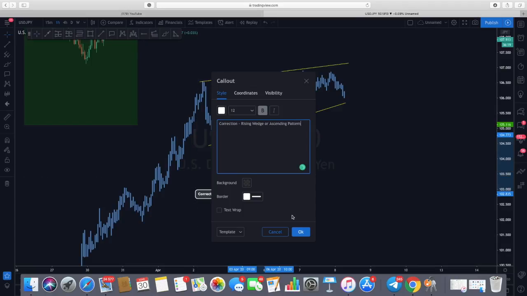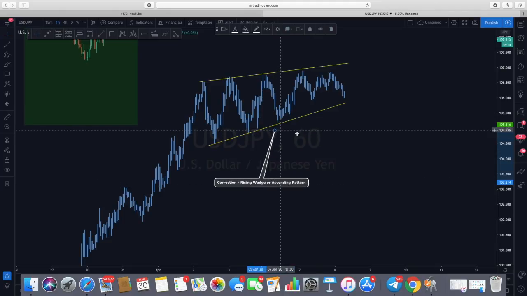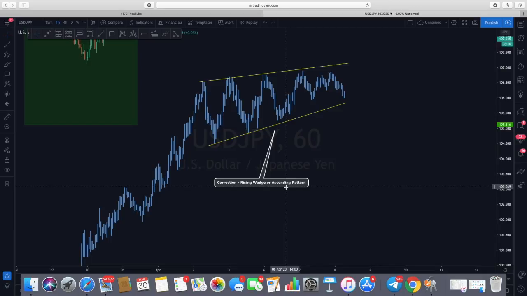Understanding how this rising wedge or ascending pattern works, it means that it has to break to the downside. That's what the rising wedge or the ascending pattern means. So understanding that this is moving upwards, then this happens, it means that it's breaking downwards. You can simply see that there's a reversal pattern.